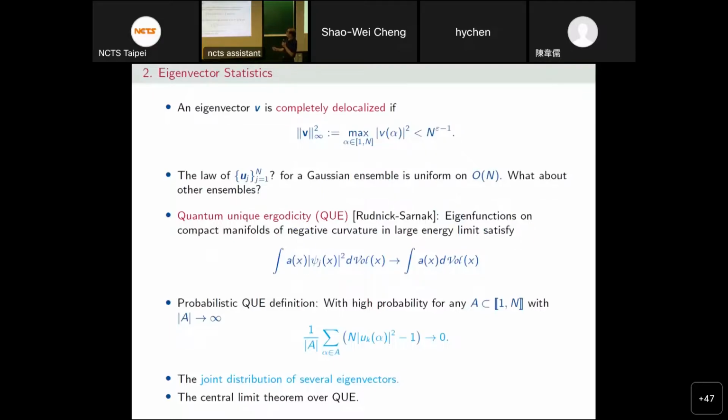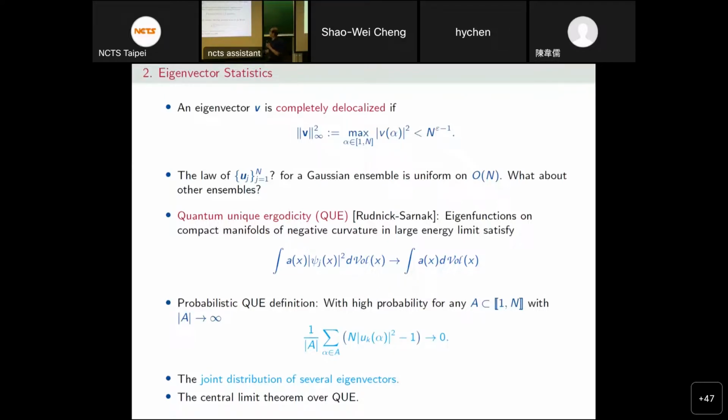So completely delocalized means it's almost 1 over n, up to n to the epsilon and some small error. Some recent results from students replace that with n to the minus 1/2 times log n, which is much more precise. I still call this whole definition completely delocalized, almost n to the minus 1/2.